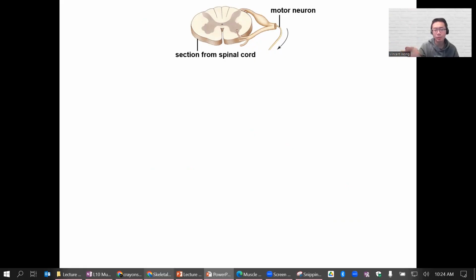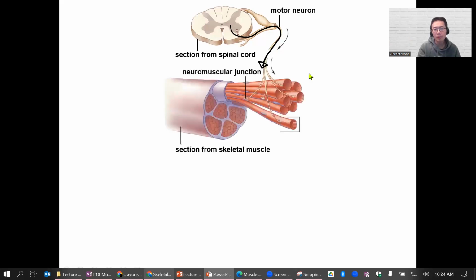And when it gets to the appropriate part of the body, it will exit through the motor neuron. The signal goes out at the front, of course. You remember that. So let's say you want to move the hand, then this would be a thoracic nerve, one of those that comes out from the thoracic section. And then that motor nerve is going to connect to a bunch of muscle fibers.